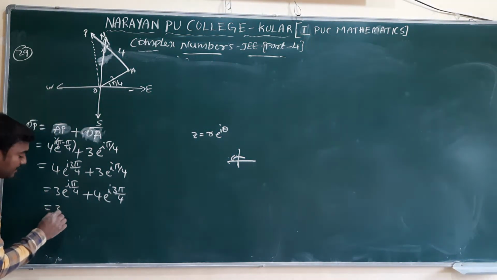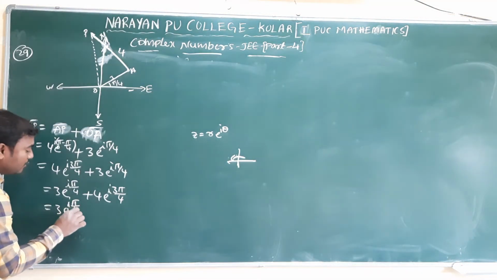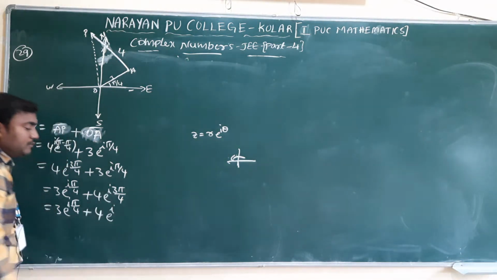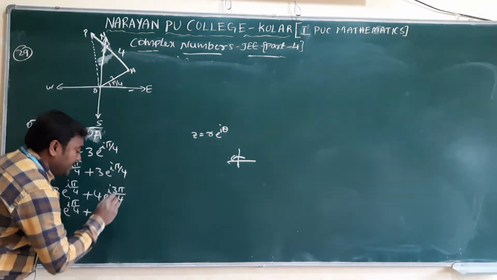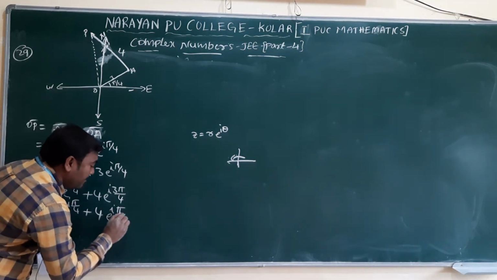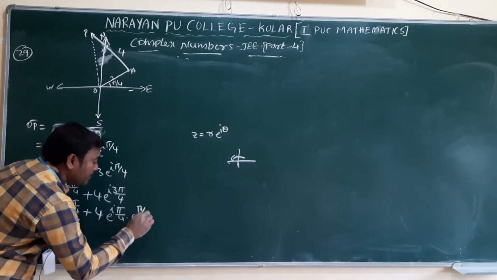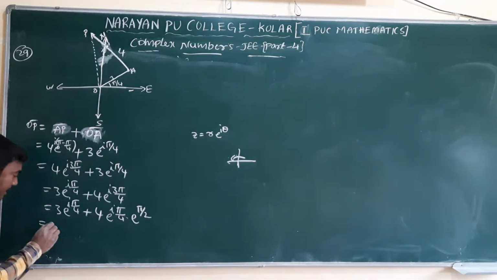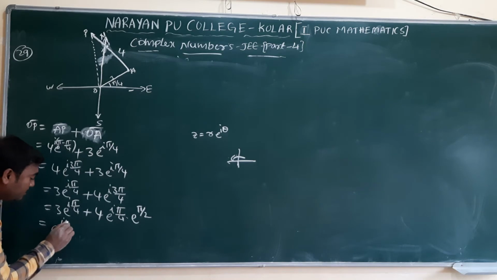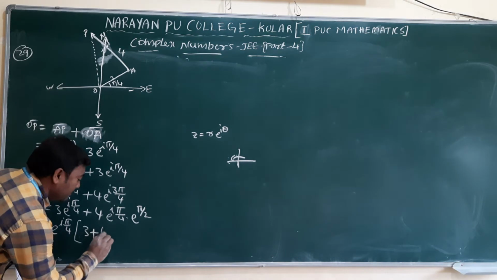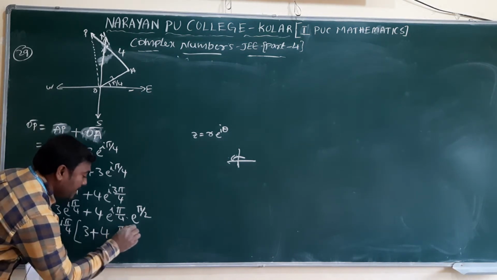It can be written as 3 pi by 4, which is pi by 4 plus pi by 2. Here we take common 3 e power i pi by 4, and the remaining is 3 plus 4 into e power i pi by 2.